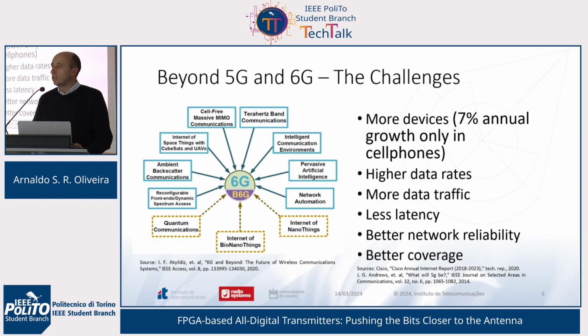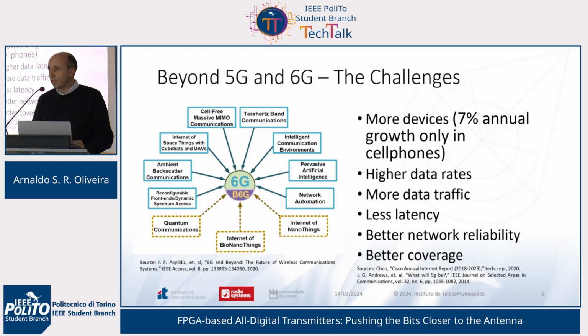Radio front ends need to be more flexible, for instance to cope with different spectral bands and to share spectrum dynamically. Network management automation will also be a need, and to manage all these things the community is starting to explore artificial intelligence in a more convenient way.